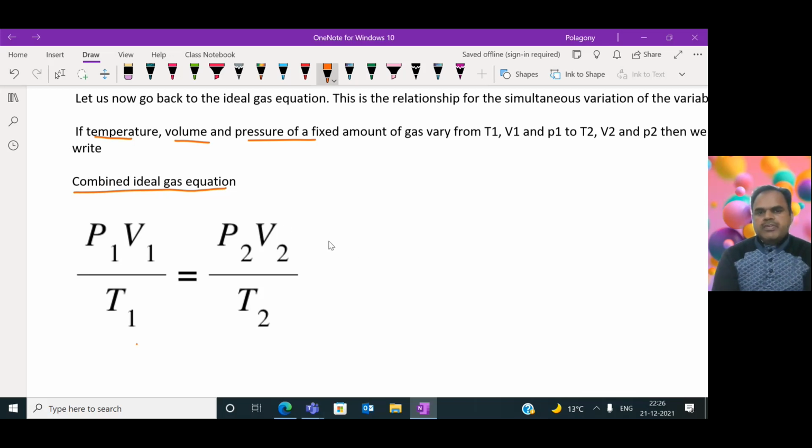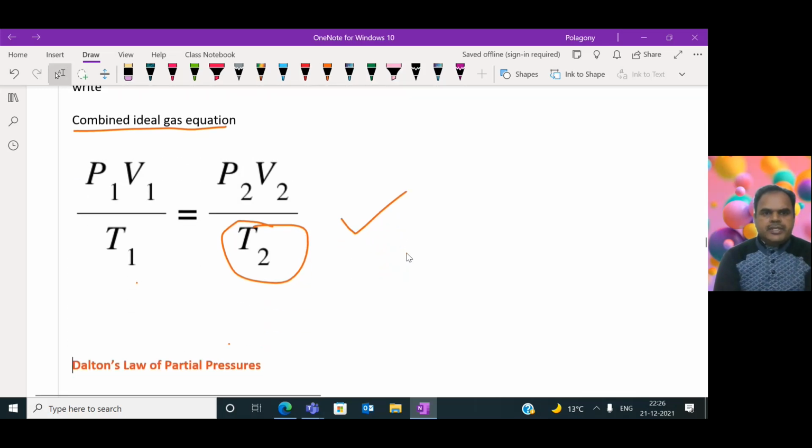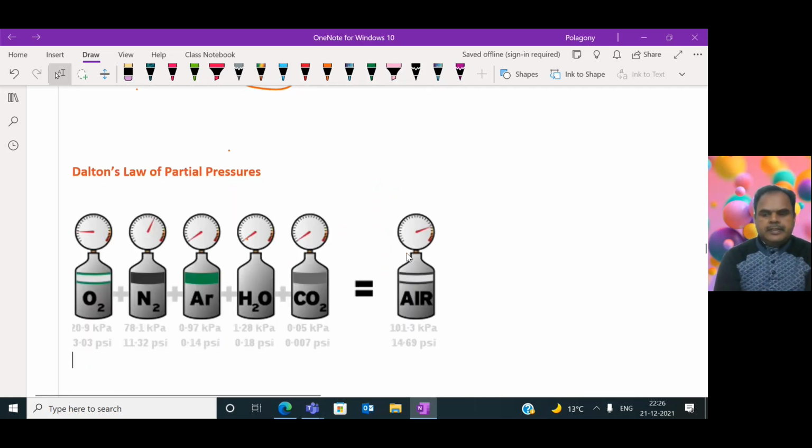By using this equation, we can find out any variable. Out of the 6 variables, for example, if you want to find T2, then we must know P1, V1, T1, P2, V2, then we calculate T2. This is called the combined ideal gas equation.